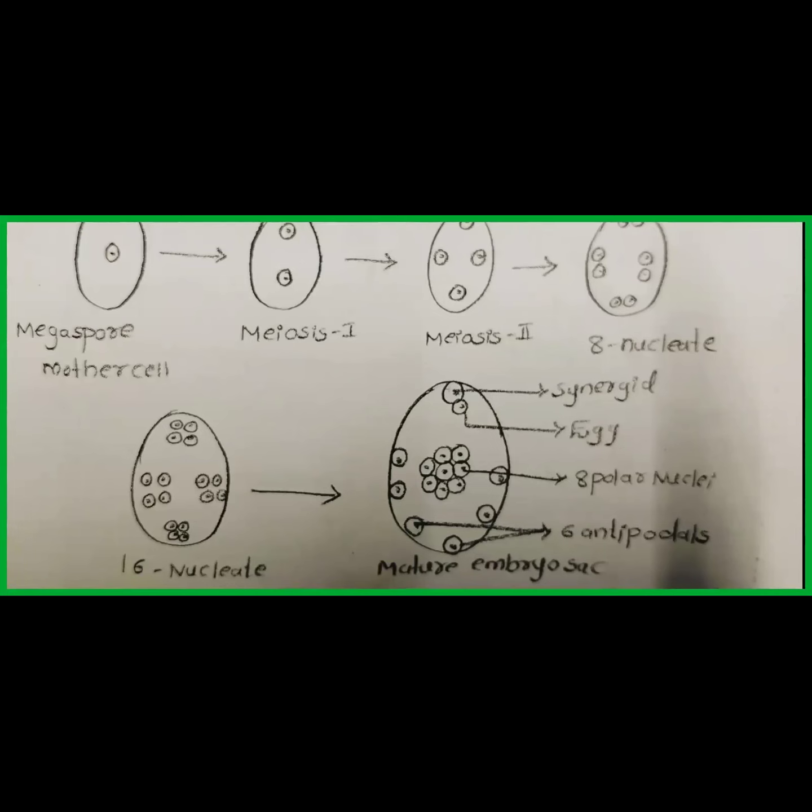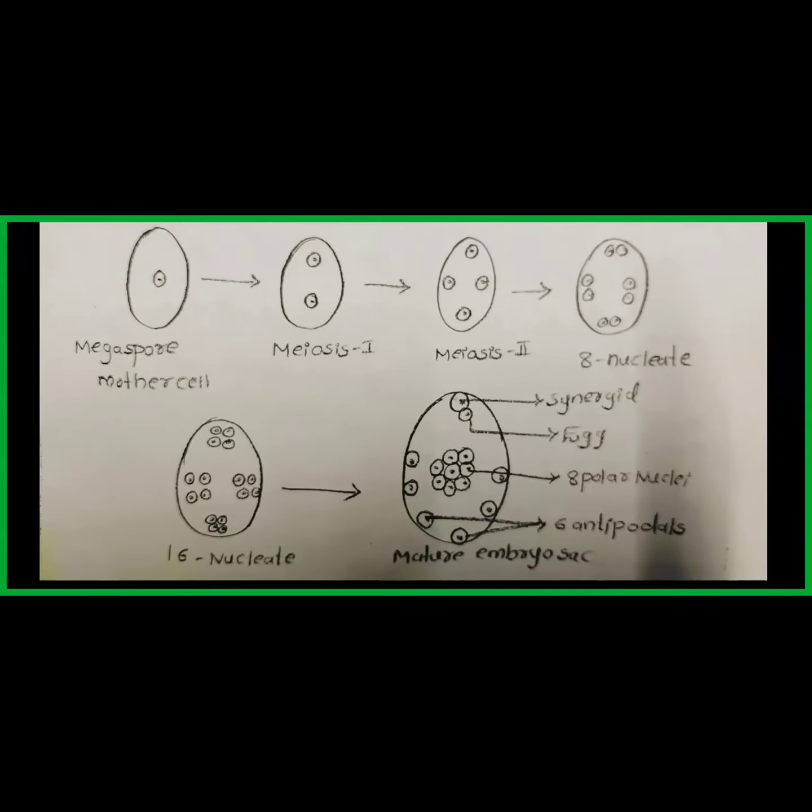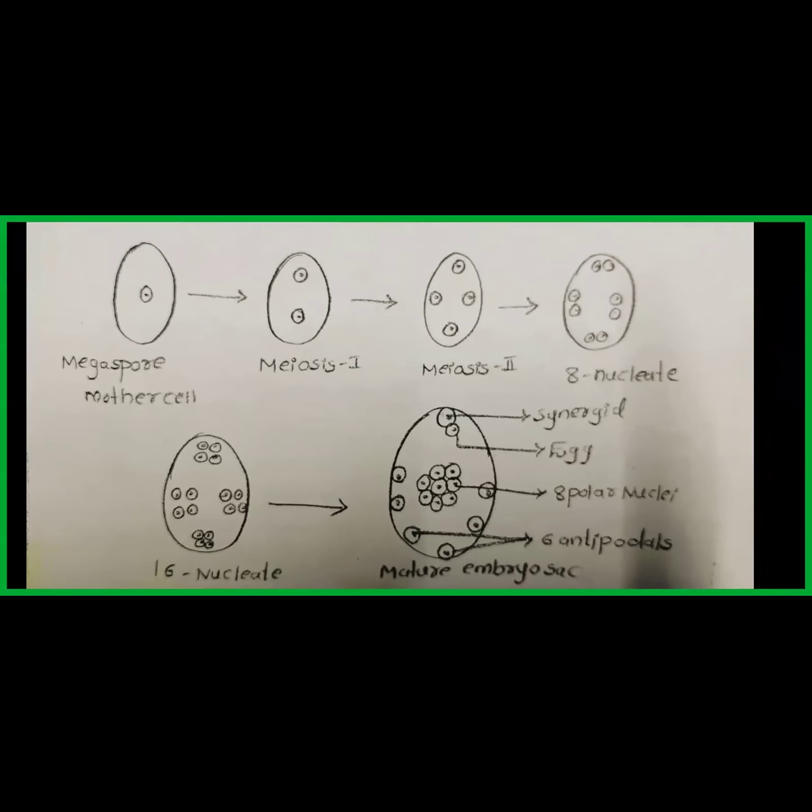These nuclei arrange themselves in 4 groups, each in a crosswise manner. These 4 haploid megaspores, the coenomegaspore, all participate in the formation of the embryo sac.